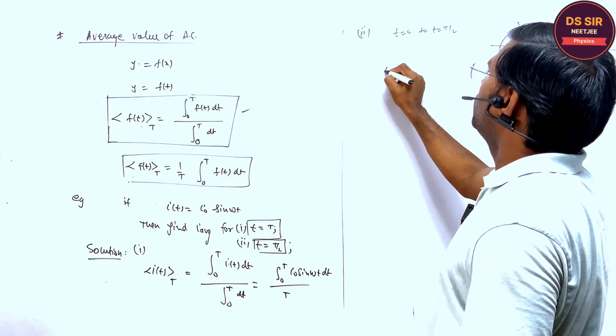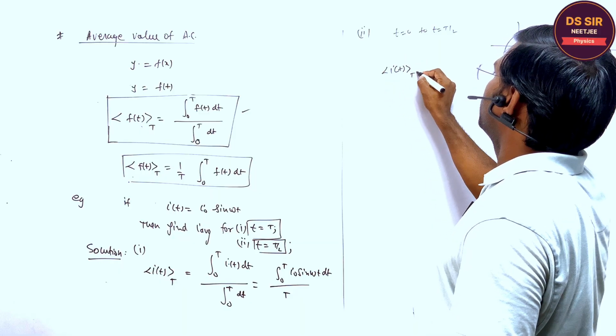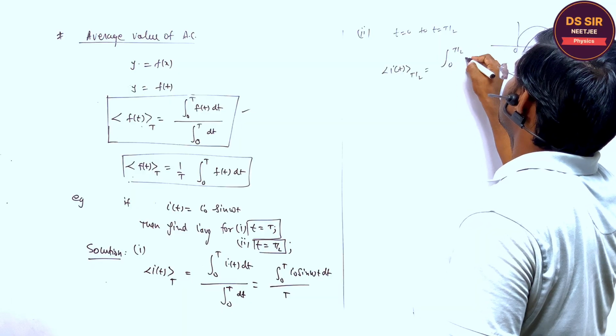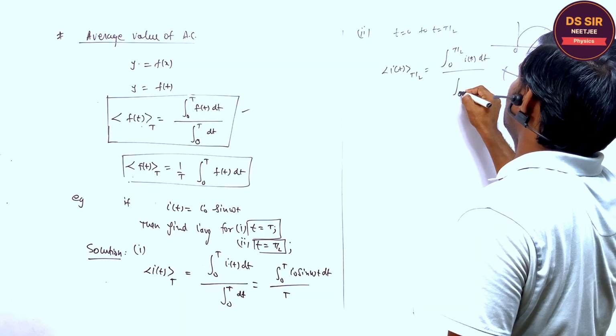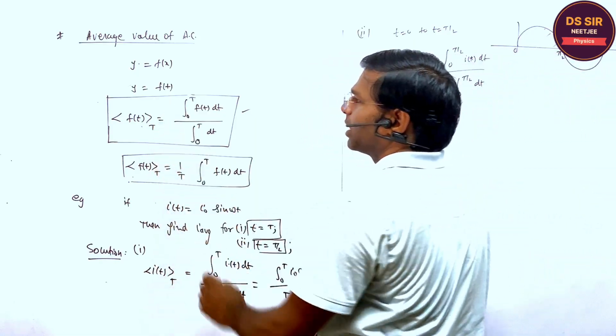So the average value is the integral of I dt from 0 to T by 2, upon the integral of dt from 0 to T by 2. Do you understand or not? This formula we are applying.